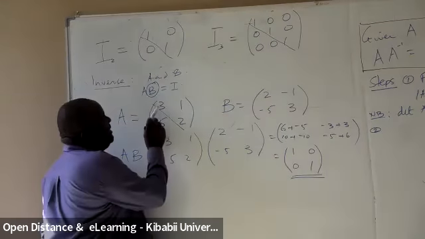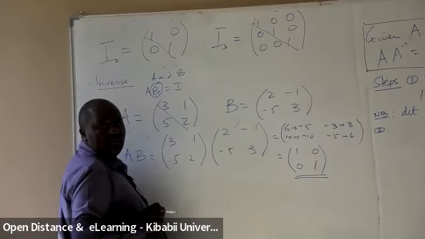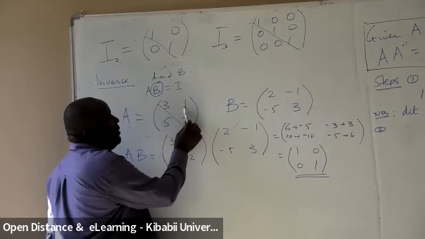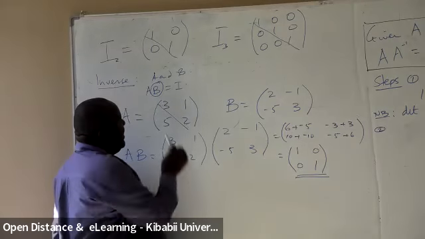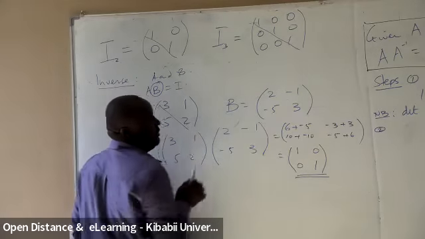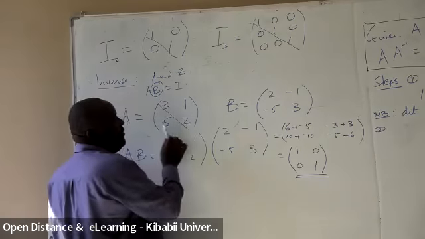We interchange them like this, so that it will be 2. Change the sign of the elements in the other diagonal. This is the 1, so it will be negative 1. The interchange in B is 3, 2, and we change the signs to negative 1, 5, negative 5.